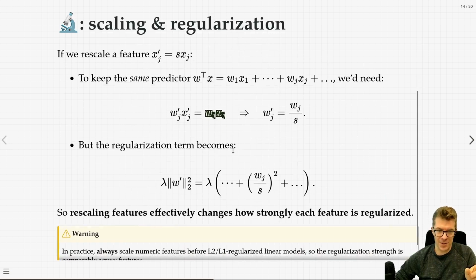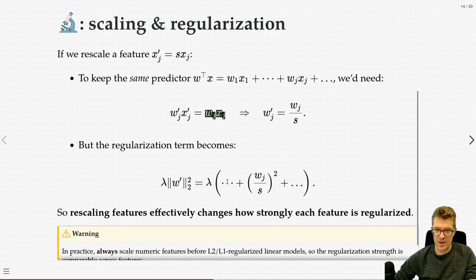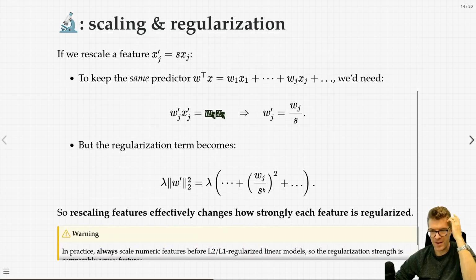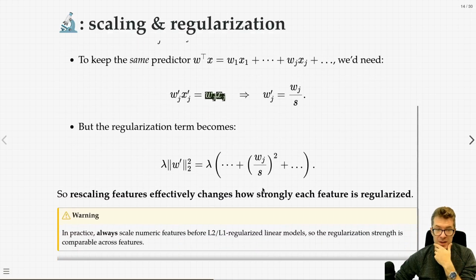But the regularization term also needs to change. We have our regularization term here, lambda, and this L2, this 2 norm. We have a lambda, and then we have a sum of the squares. Each one of these is going to have to be divided by s as well. So the point of mentioning this is when we rescale features using something like a standard scaler, this will actually change how strongly each feature is going to be regularized also.